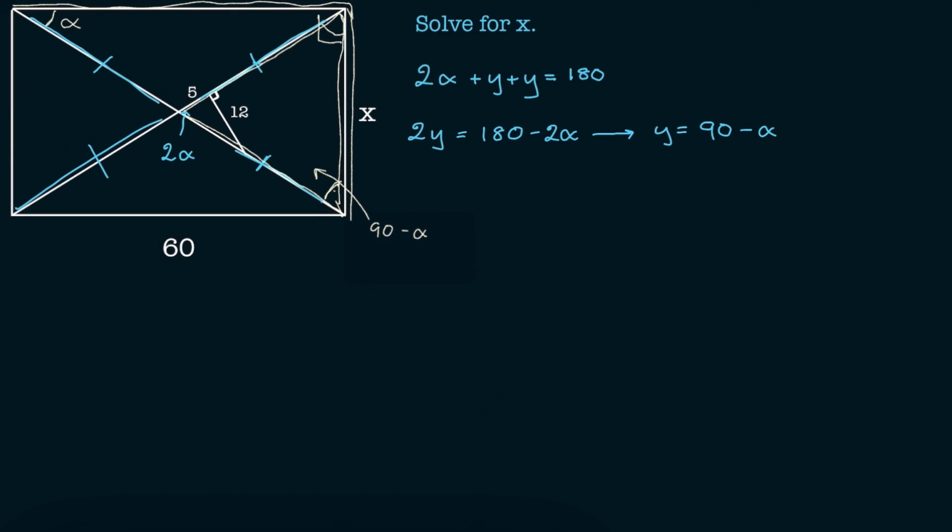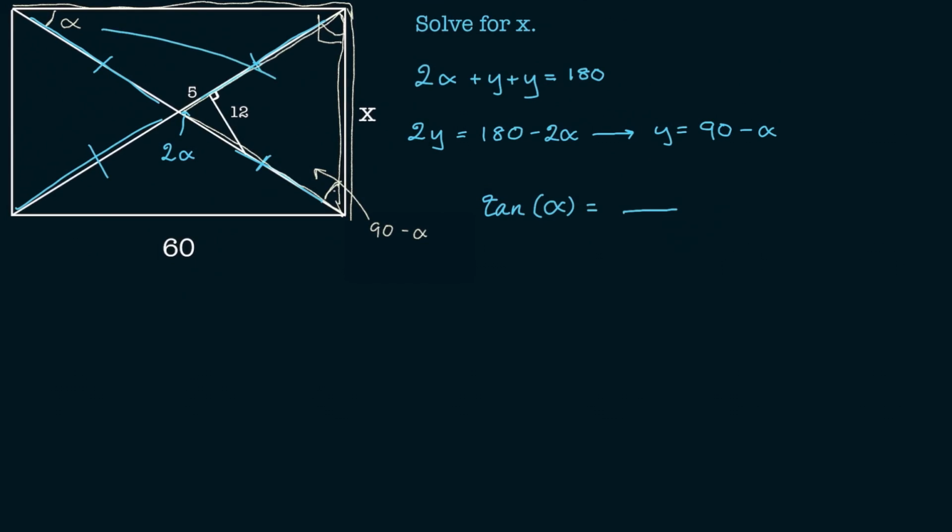Alright, now we're going to use a bit of trigonometry. Let's try to find the tangent of alpha. Now, in a right triangle, the tangent of an angle is going to be a fraction, and in the numerator is going to be the measure of the leg opposite the angle.